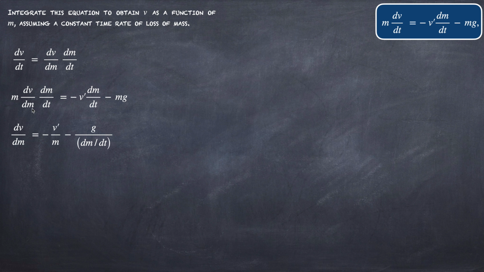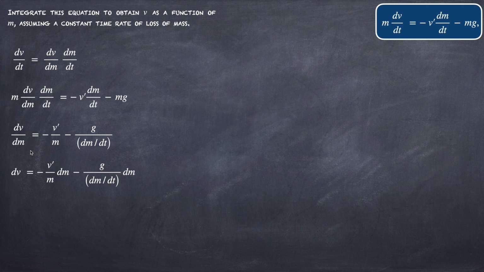If you divide both sides by m dm/dt, on the left-hand side, you will get dv/dm only. And here, in the first term, it will be the negative of v prime over m, as dm/dt will cancel out with dm/dt, subtracted by this m will cancel out with this m, so it will be g over the ratio dm/dt.